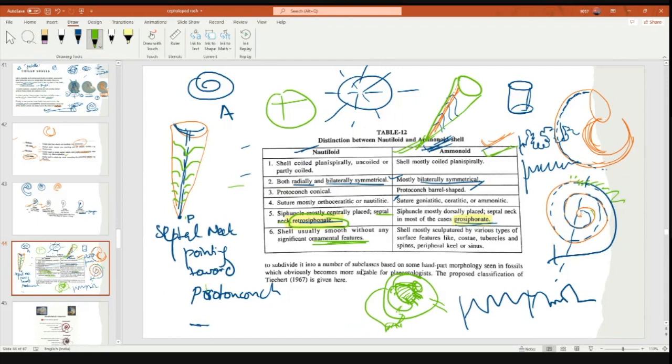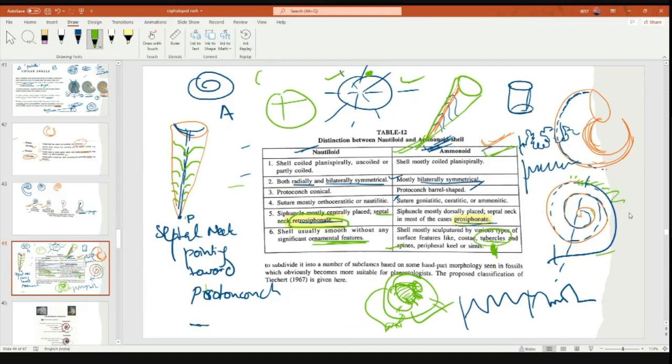And here also, on the external surface, all different kinds of ornamentation are there, like costae, tubercles. Guys, where did we see tubercles, you remember? Echinoidea. Yes, exactly. I draw tubercles here also. Okay, and spines. Spines are in gastropods also, echinoids also, cephalopods also.